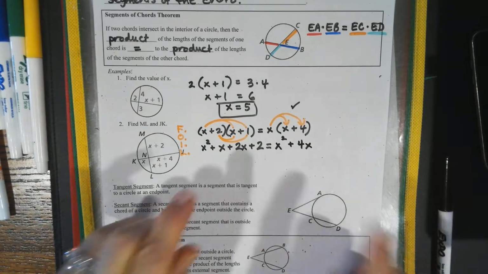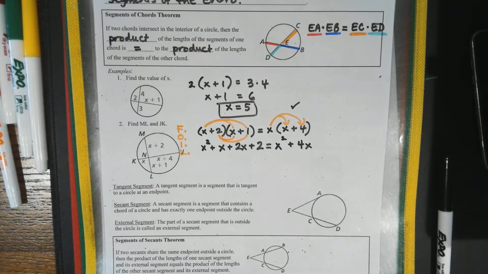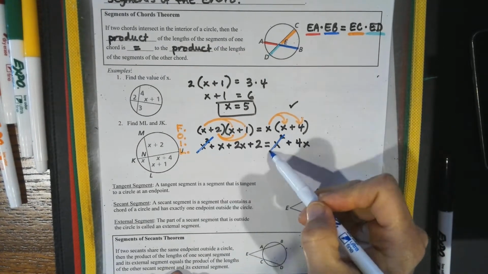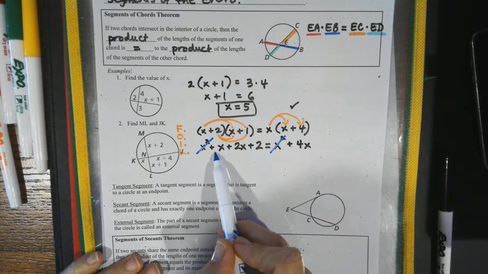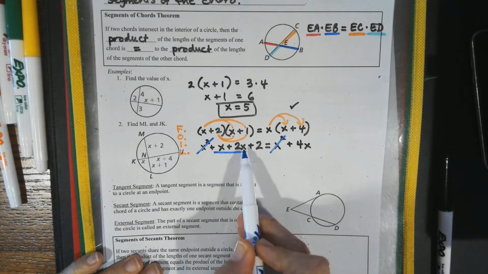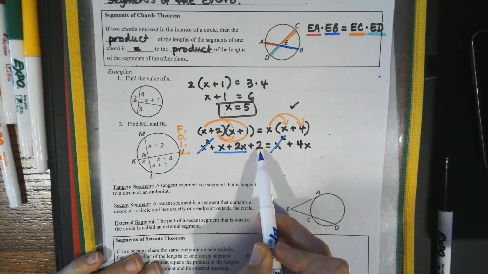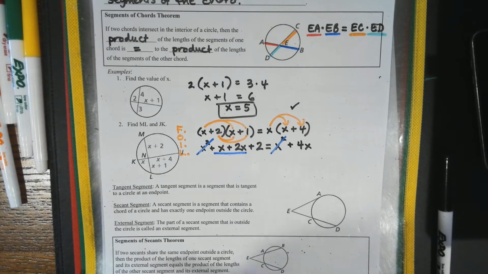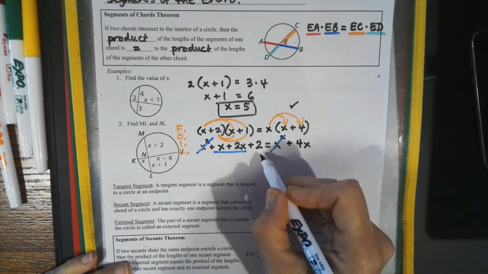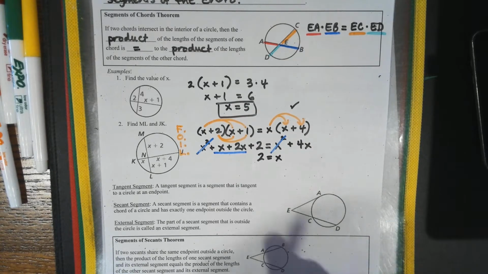And the beautiful thing about this is you have an x squared on both sides of the equation. So I'm just going to subtract x squared from both sides. Okay. In the meantime, I'm going to combine these two like terms. This is 3x's. So you have 3x plus 2 equals 4x. If I subtract 3x from both sides, I get x equals 2.